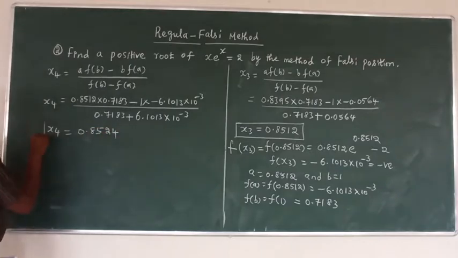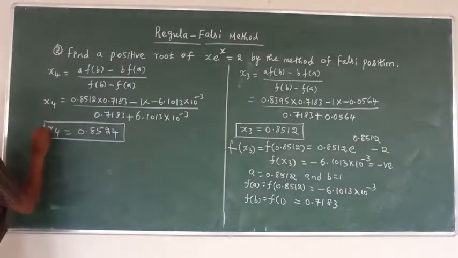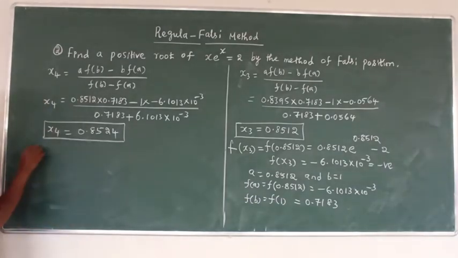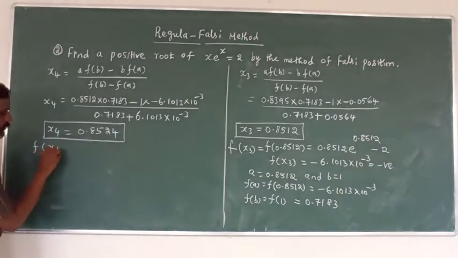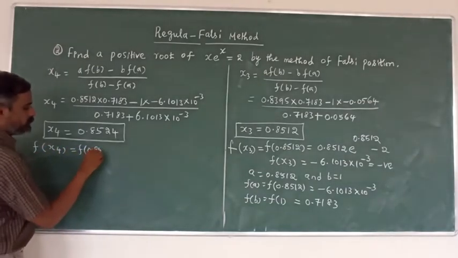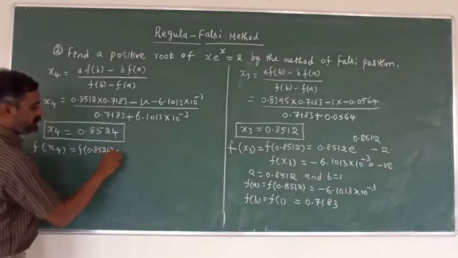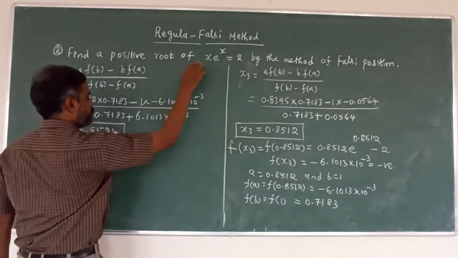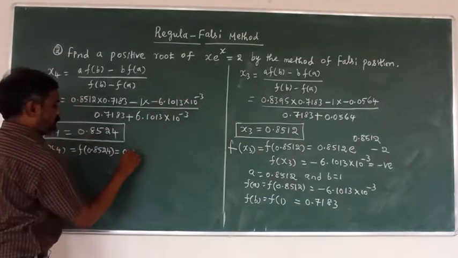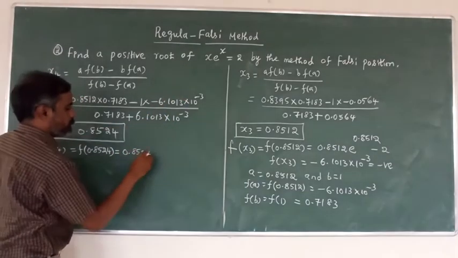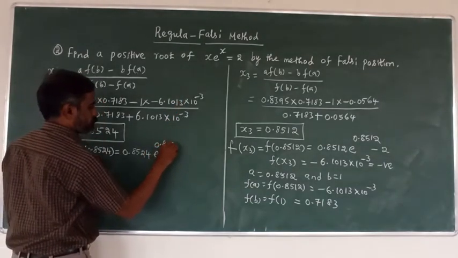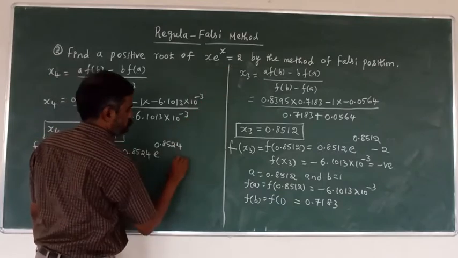0.8524. Now to check, this is for positive or negative. For that, f of x4 equal to f of 0.8524. This value substitute f of x value 0.8524 into e power x value 0.8524 minus 2.